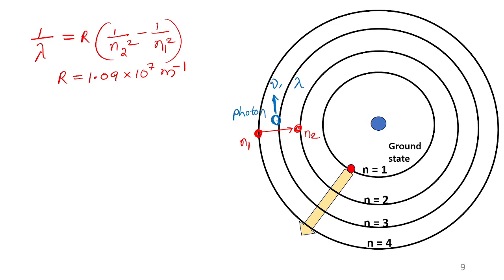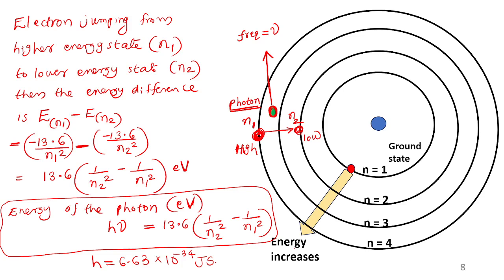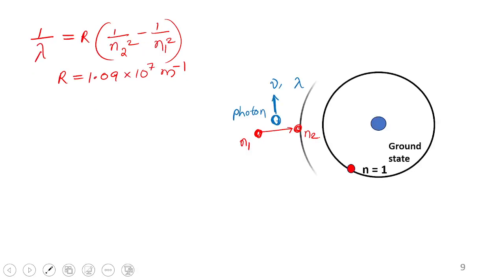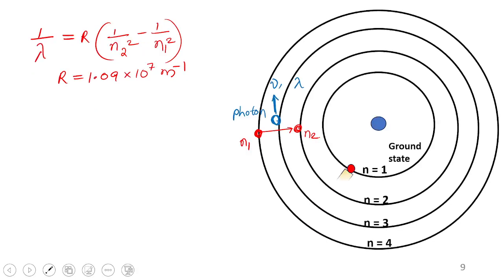Mu, the frequency, we can find using the formula h mu equal to this one. If the question is about wavelength, we prefer this formula: 1 by lambda equal to R into (1 by n2 square minus 1 by n1 square), where lambda is the wavelength of the emitted photon.